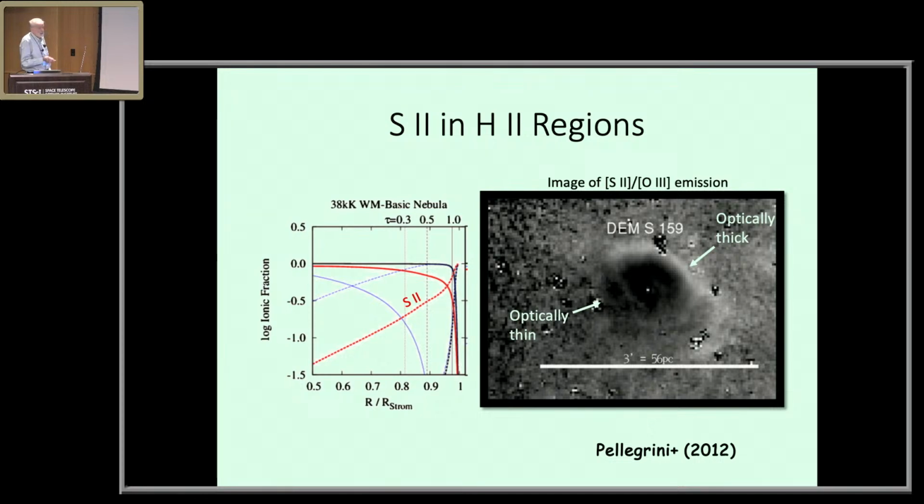This is from a Cloudy calculation of what the sulfur II space density is as a function of radius out in the Stromgren sphere. Sometimes you get a large accumulation, as seen on this edge here, because you're density bounded, whereas here the photons can escape and you don't see so much.